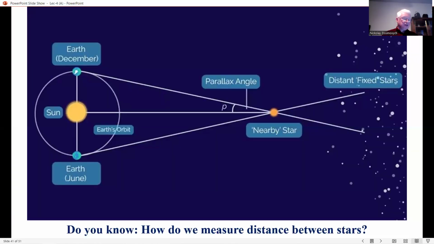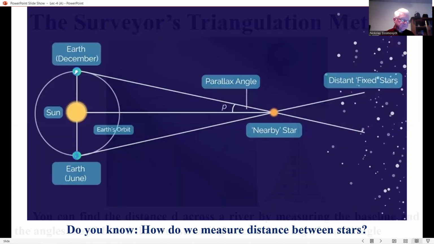Distance is the most difficult measurement in astronomy, and astronomers have found a number of ways to estimate the distance to stars. Yet, each of those ways depends on a direct geometrical method that is much like the method surveyors used to measure the distance across a river they cannot cross. You can begin by reviewing this method and then apply it to stars.